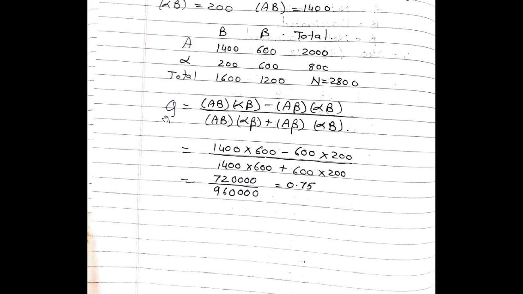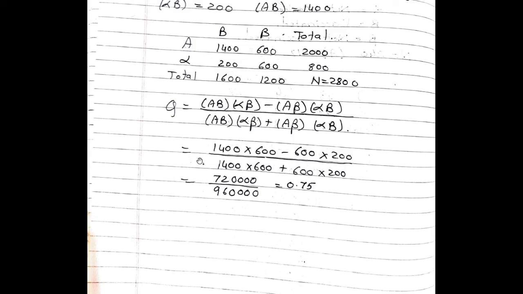So coefficient of association Q is written as AB into alpha beta minus A beta into alpha B divided by AB into alpha beta plus A beta into alpha B. Now AB value is 1400, alpha beta value is 600, A beta is 600 and alpha B is 200.